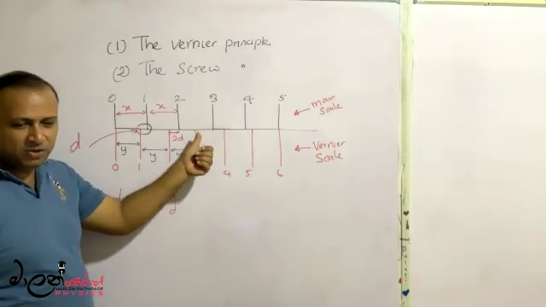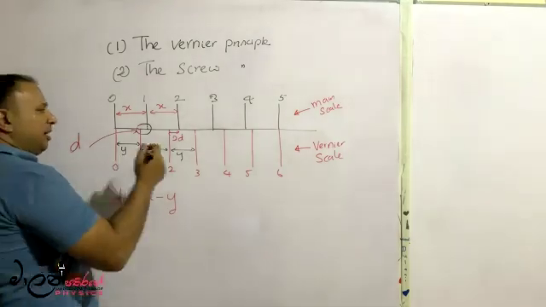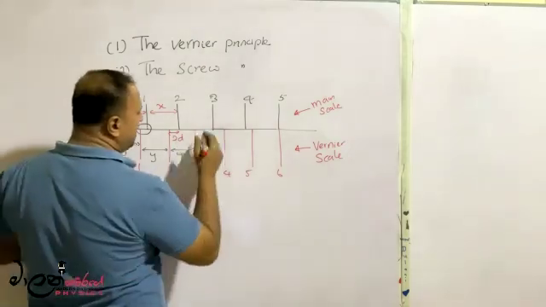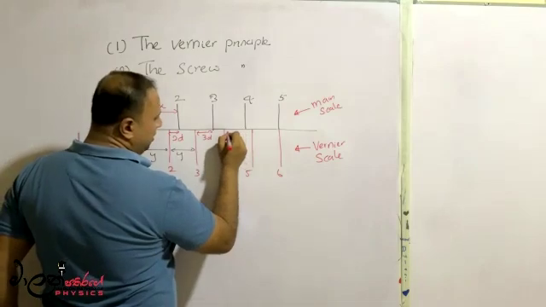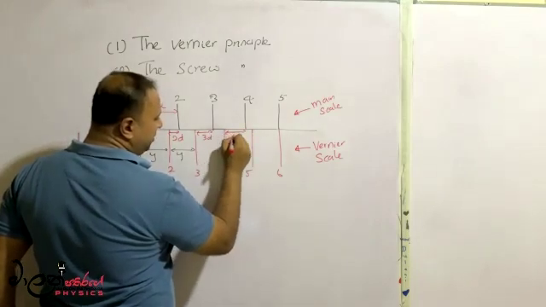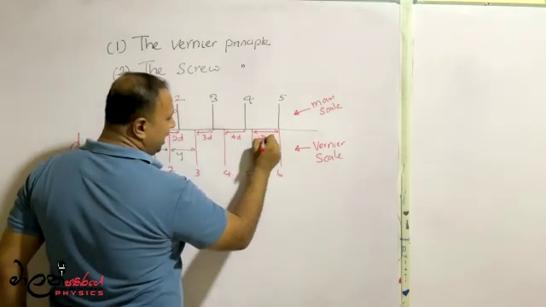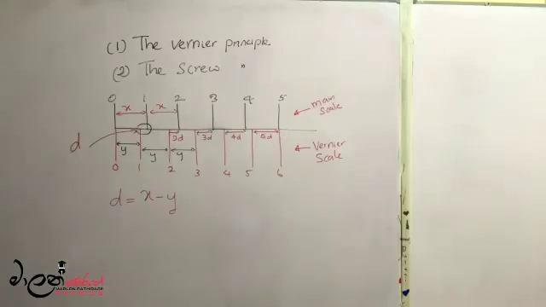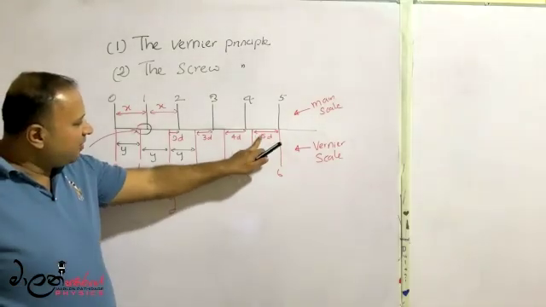It should be 3 times D. This one should be 4 times D. This one should be 5 times D. Did you get my point?